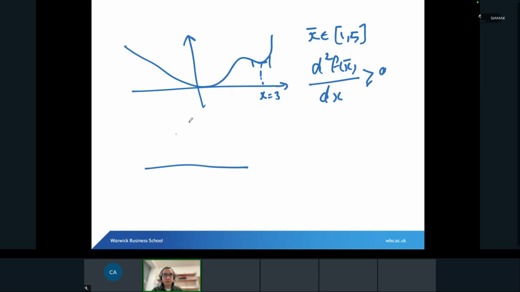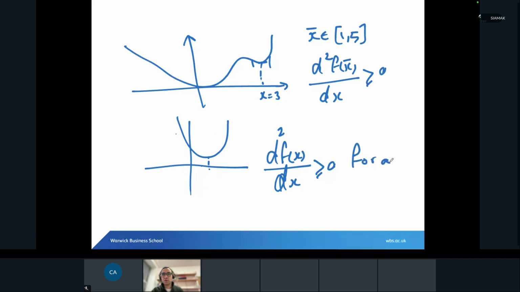The other example that I have is this one. This is the minimum that we have. Now, the second derivative of f(x) over dx squared is non-negative or strictly positive, depending on the sharpness or being flat, for all x in R2.